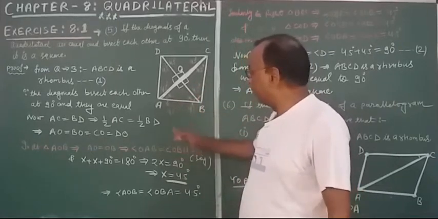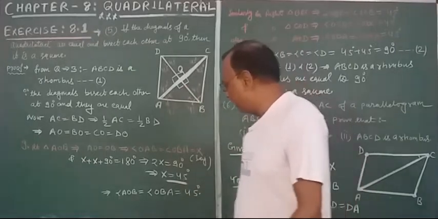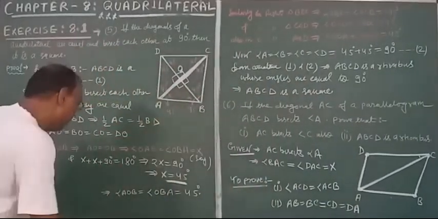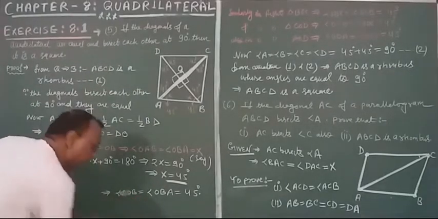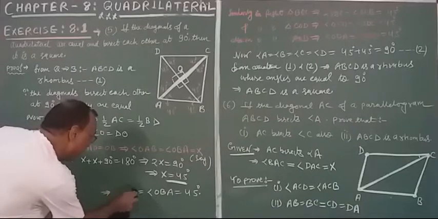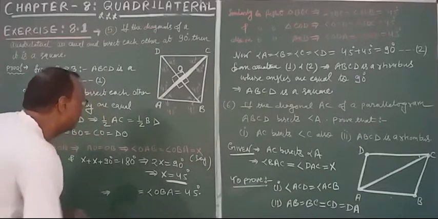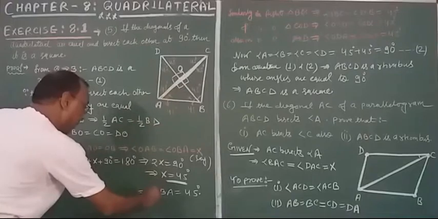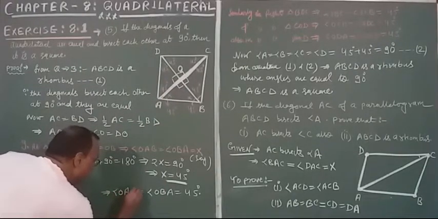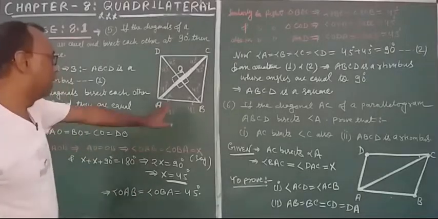That is, OAB is equal to OBA, and that is 45.